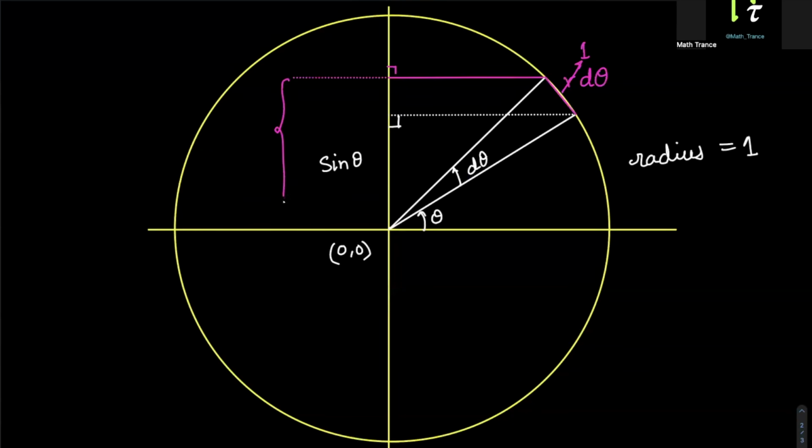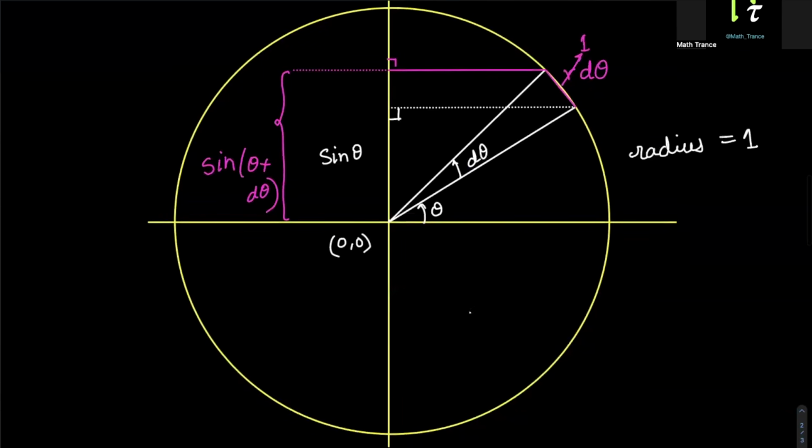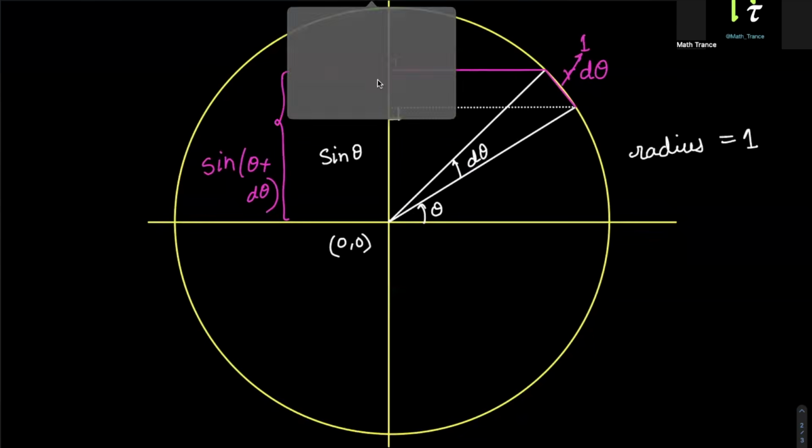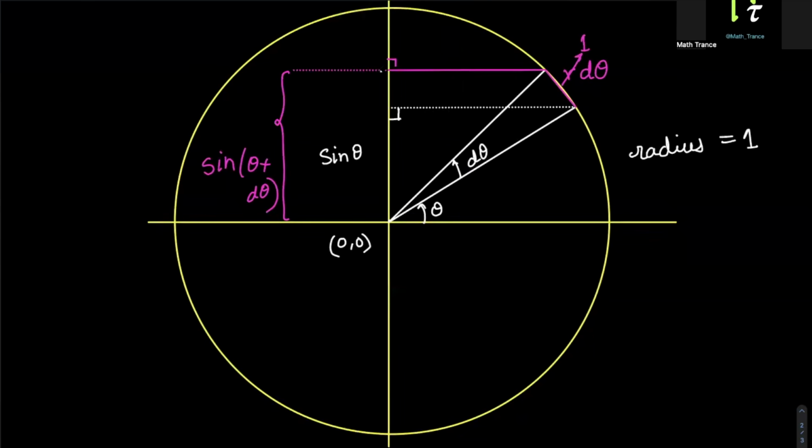Therefore, this length is equal to sine of theta plus d theta, right? And therefore, the increment, you can see this increment value, what will this value be?